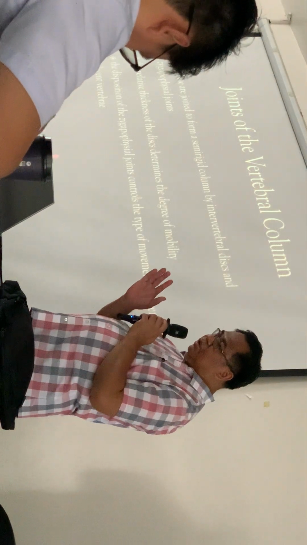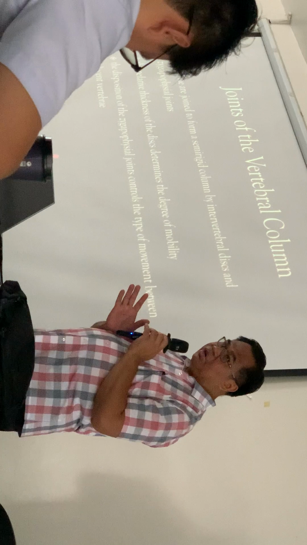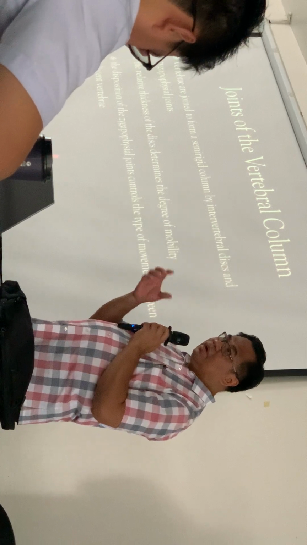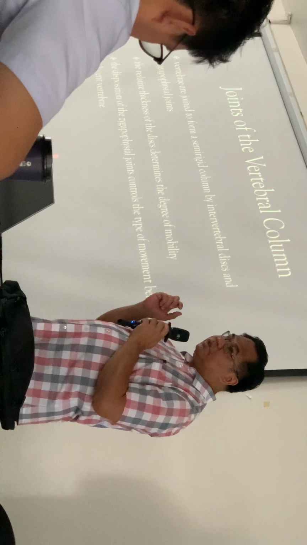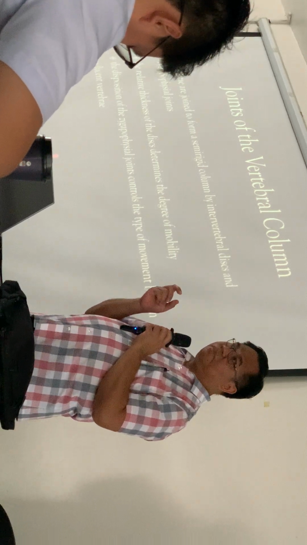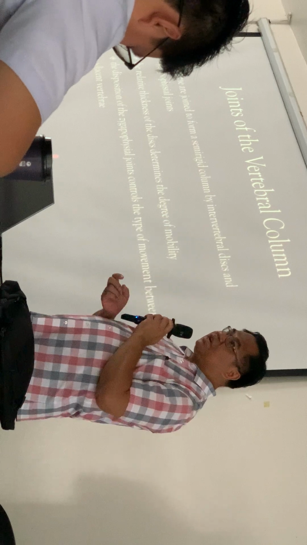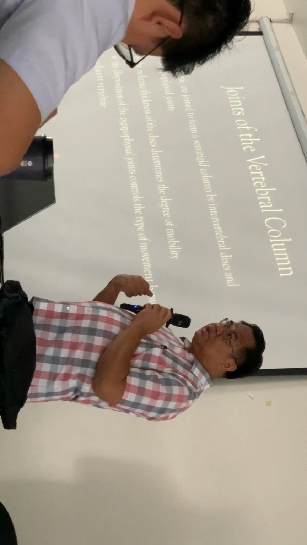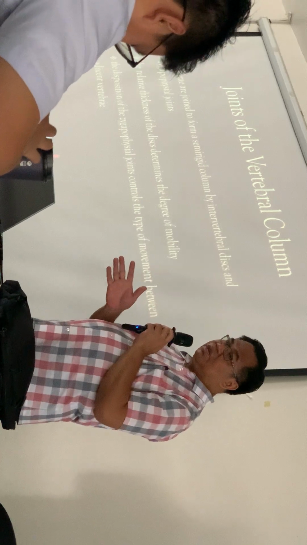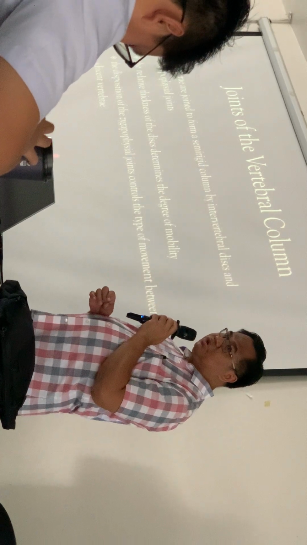So depending on the orientation of the joints, we can have relatively mobile vertebrae, like in our cervical. We can nod forward and backward and turn side to side. The thoracic is limited because of the ribs and the orientation of the zygapophyseal joints.